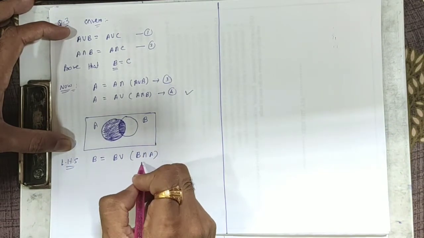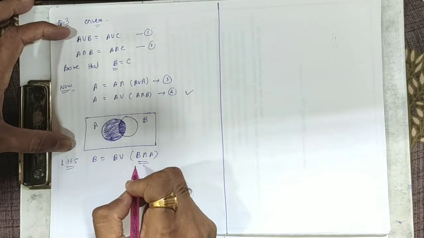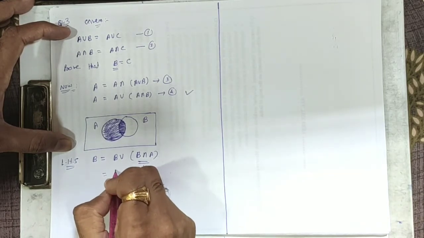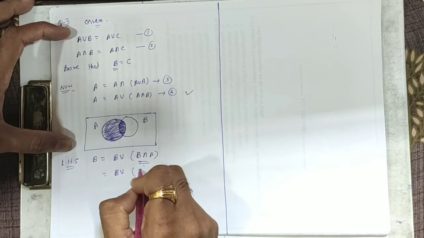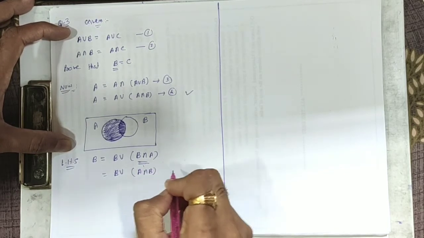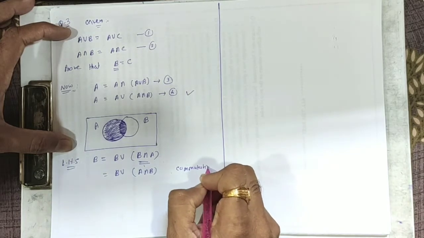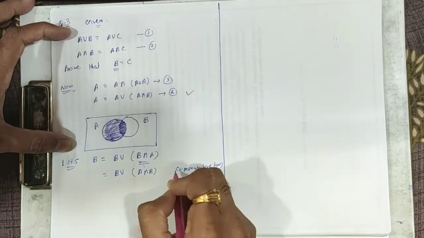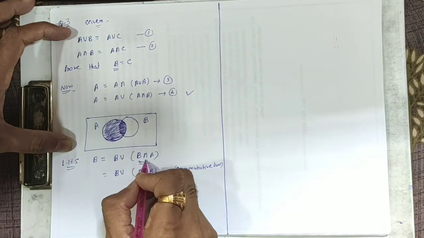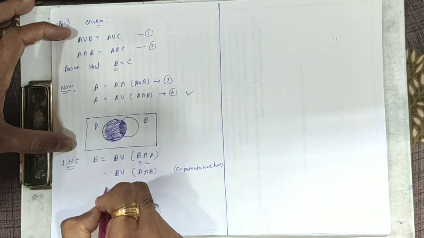Done. Now again, this B intersection A can be written as A intersection B by the commutative law. Replacing this B intersection A with A intersection B.